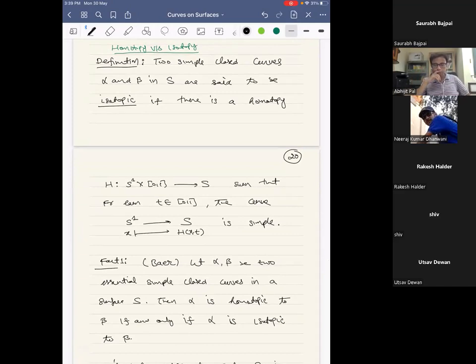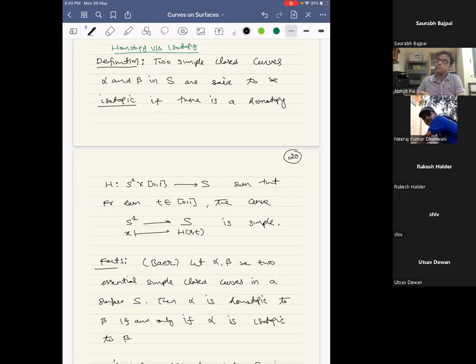Now we are inching towards defining the mapping class group. For this, we need the notion of isotopy. Two simple closed curves, alpha and beta, in a surface S are said to be isotopic if there is a homotopy H from S1 cross the interval [0, 1] to S such that for each t this curve is actually simple, then you say it is an isotopy.